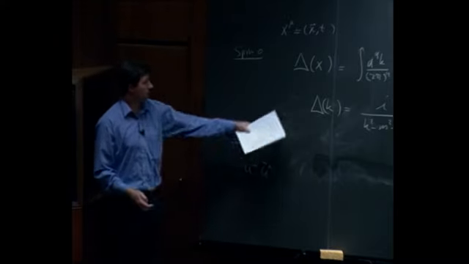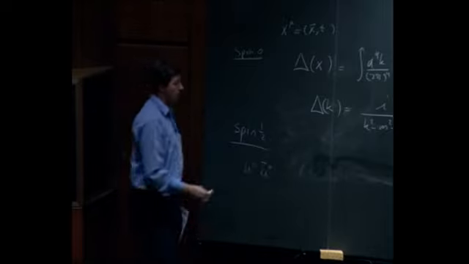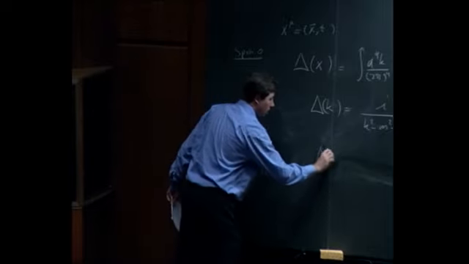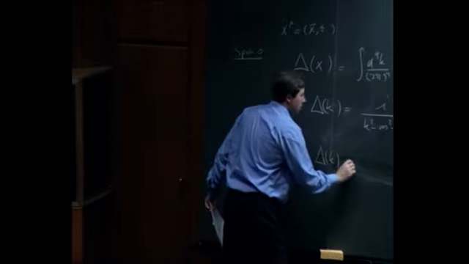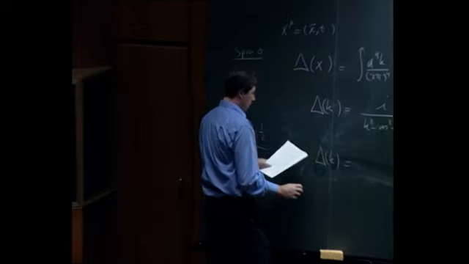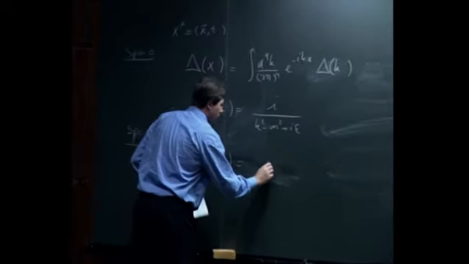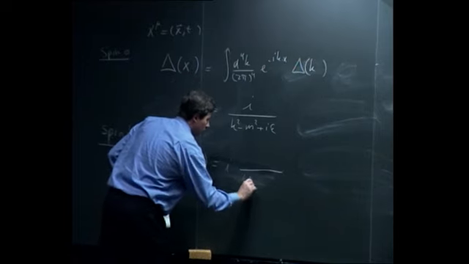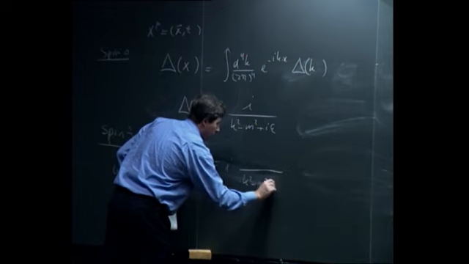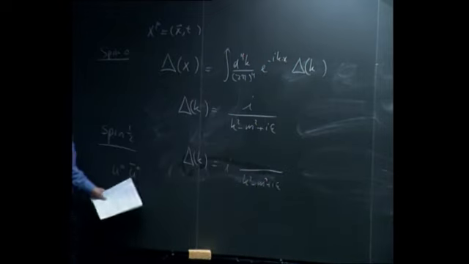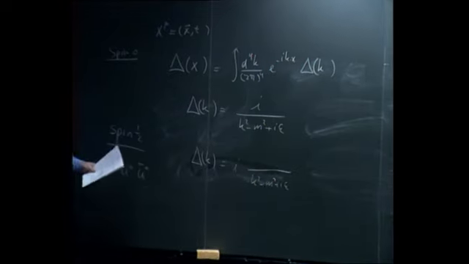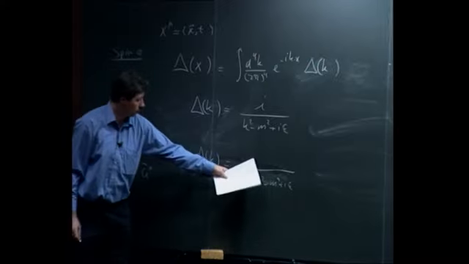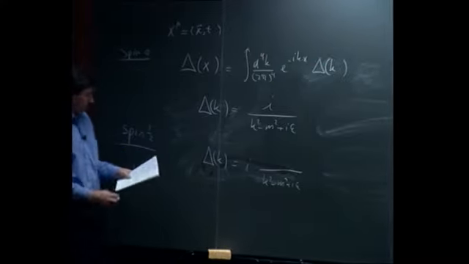So for spin 1/2, you'll have a similar expression, except that the Delta of k is again a ratio of the same sort. There's an i and the same denominator. But from the spinor part, you'll get a numerator which involves the gamma matrices.